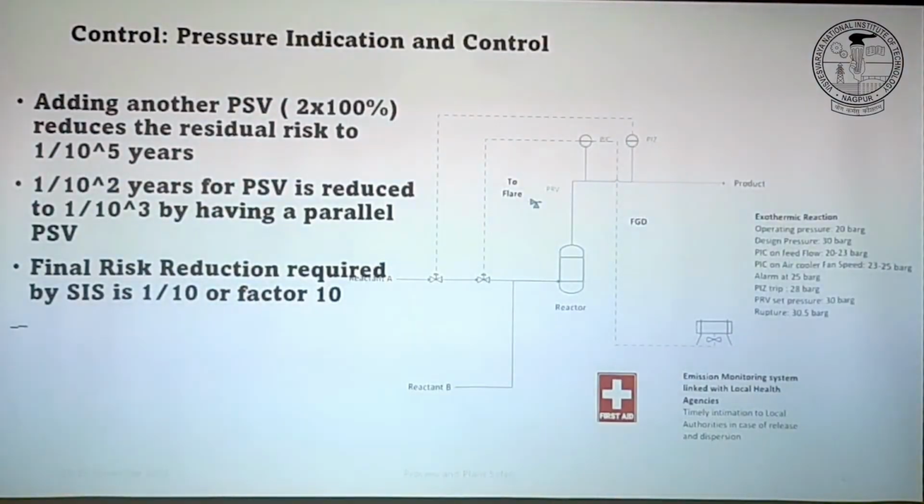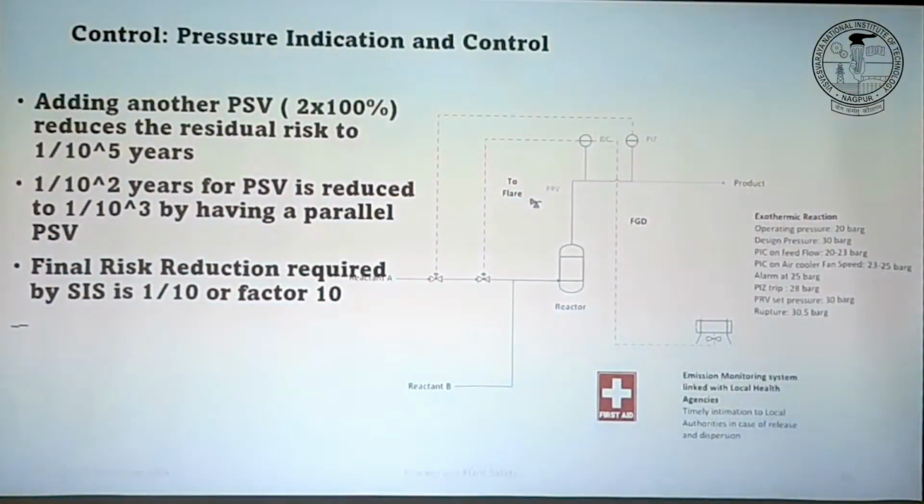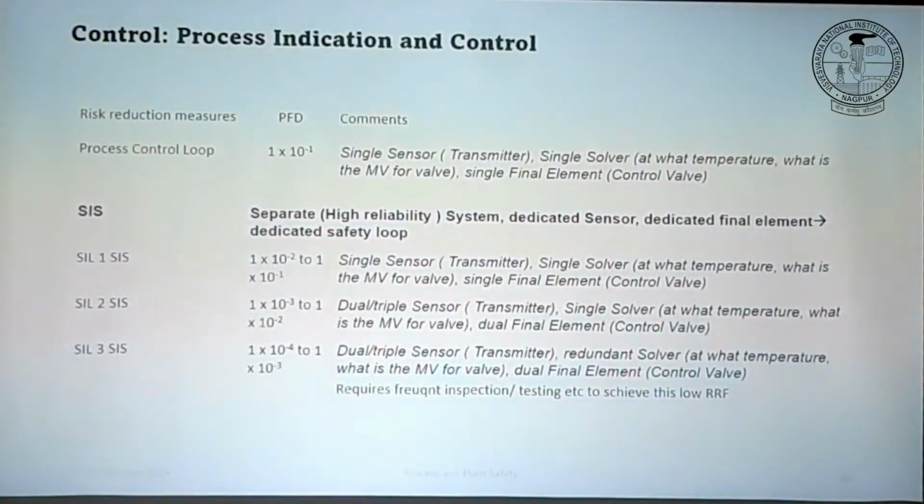And this is what you define as the safety level of this PIZ group. That it should not fail 1 in 10 years, it should be failing 1 in 100 years. And that's how we define anything between 10 to the power minus 1 and 2 as safety level 1, level 2, level 3. Level 3 means it has to be absolutely safe, that its probability of failure is 1 in every 1,000 years.